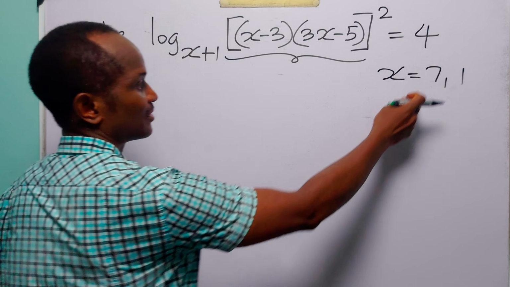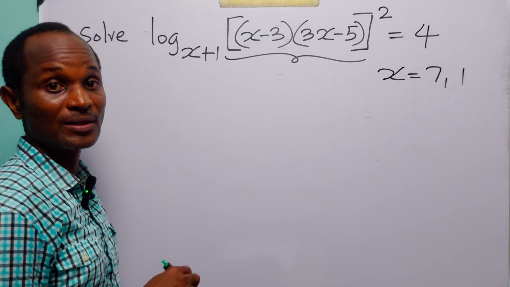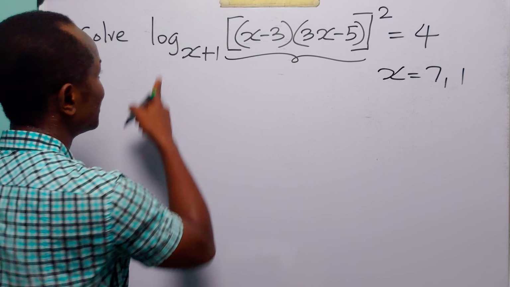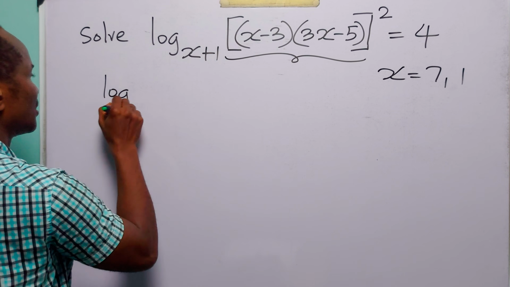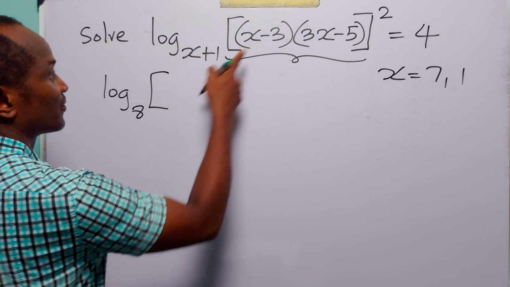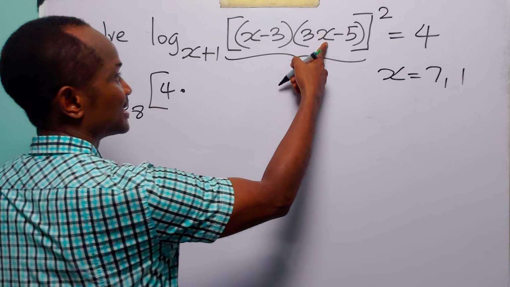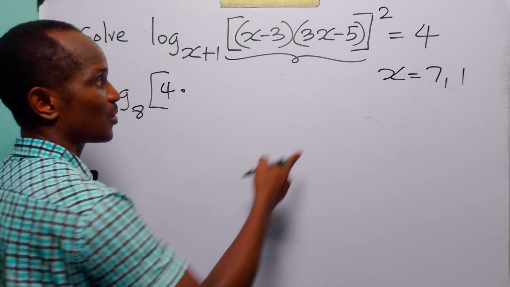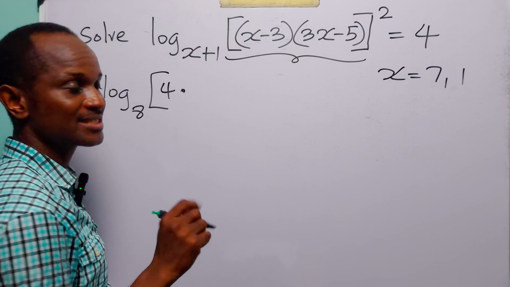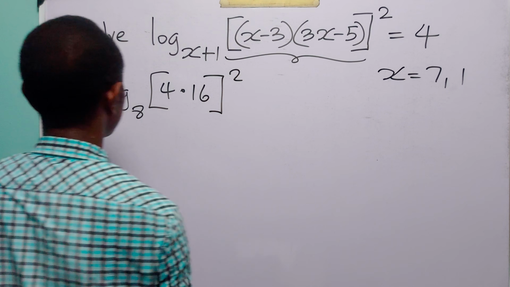Now, to check our answer, let us substitute x equal to 7 into the left-hand side of the original equation to see what happens. We have log to base 7 plus 1, that is 8, of 7 minus 3 is 4, multiplied by 7 times 3 is 21. 21 minus 5 is 16. And of course, this is squared.